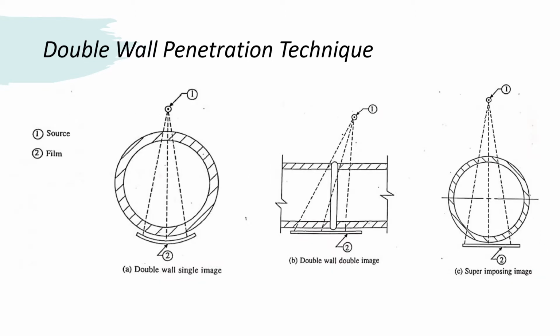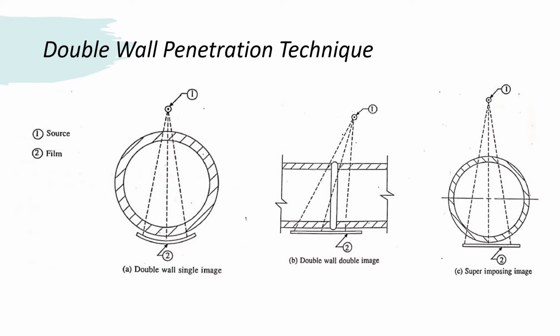Next is the double wall penetration technique. The double wall penetration technique can be effectively adapted in 3 different methods based on the prevailing pipe diameter and site restriction.